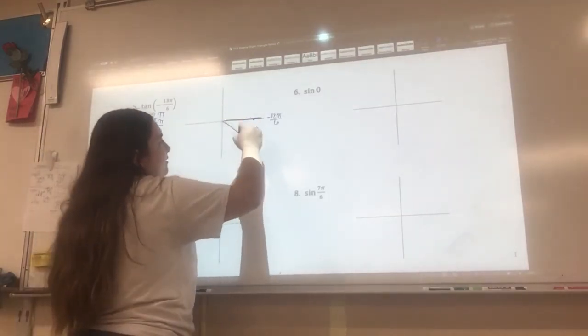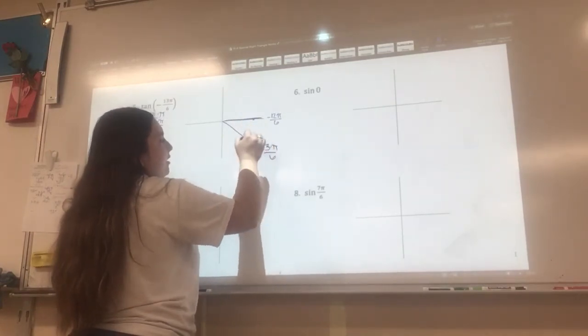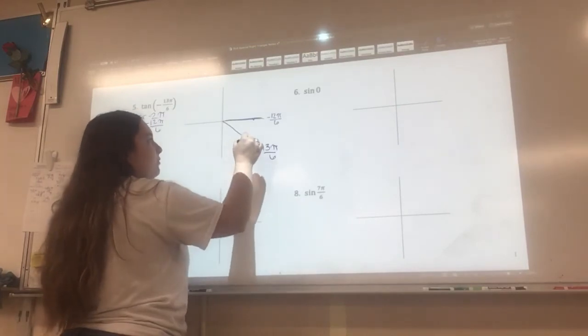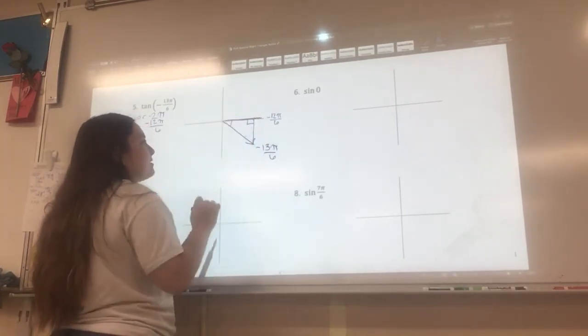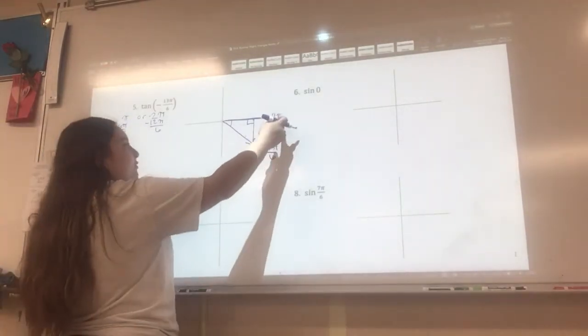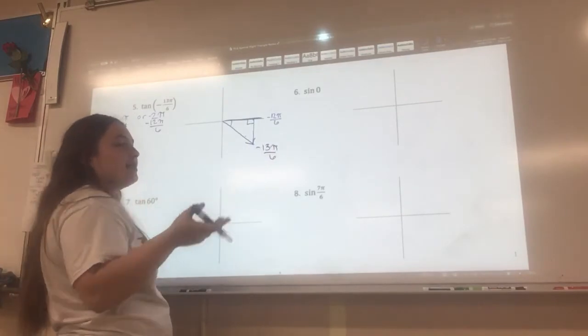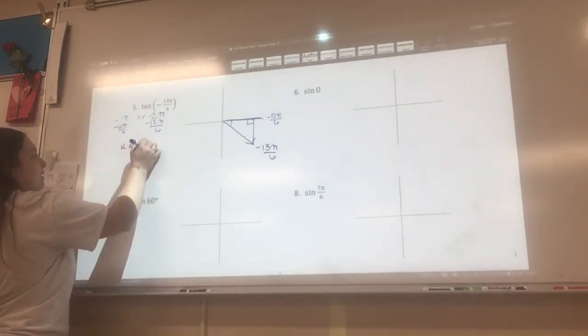So our terminal angle here for negative 13 pi over 6 is in this quadrant. We connect to create our right triangle, and we now need to find our reference angle. So what is the difference between negative 12 pi over 6 and 13 pi over 6, and it's positive? Well, they are only 1 pi over 6 away from each other.